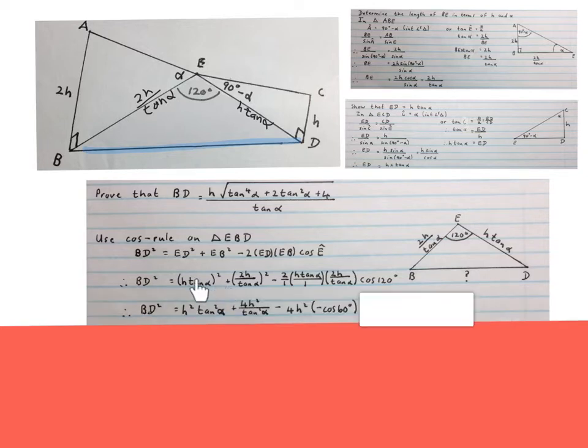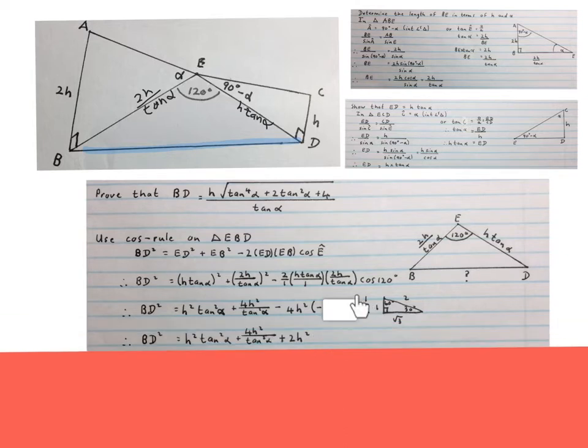We square this term out, get the answer. Square this term out, gets an answer. Simplify this, and it ends up with minus 4h to the power of 2. And use the reduction to get minus cos 60 here. Using my special angles, I change the minus cos 60 to minus a half. Simplify this piece, and I get plus 2h squared.